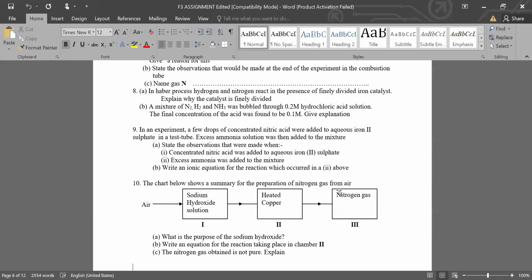When we are writing the ionic equation, it is the ions of the precipitate that are written. So we have iron 3 ions plus 3 hydroxide ions to get iron 3 hydroxide. That is the equation for the reaction that occurred in Roman number 2, formation of iron 3 hydroxide.